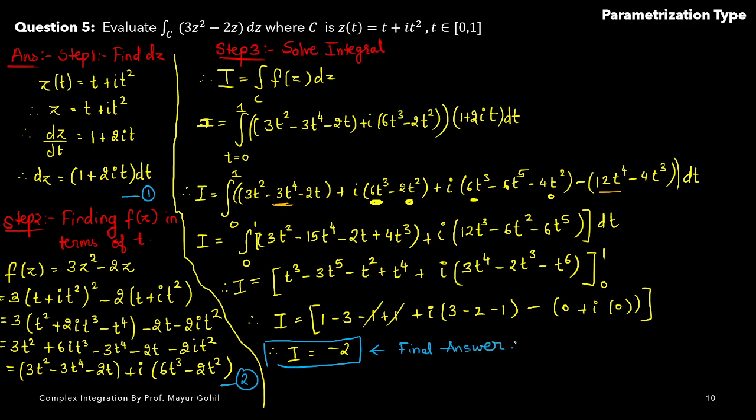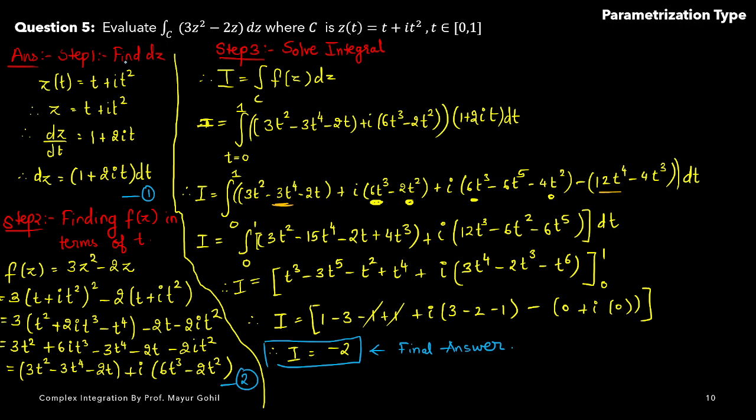Okay. So now in this question, what was the learning that we understand is that when the parameterization is there, most of the time the limits are given to us. And another important thing is that you can immediately start finding dz. When the function is given directly in terms of t, you need not worry about finding x and y and everything.